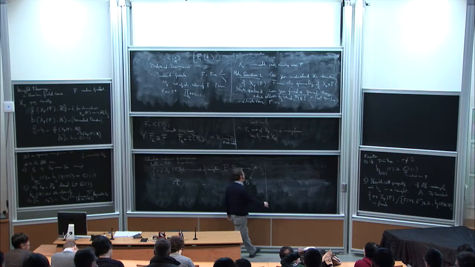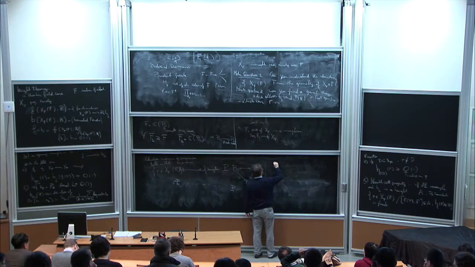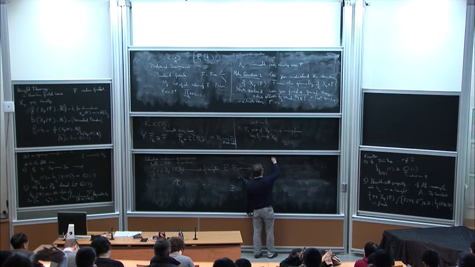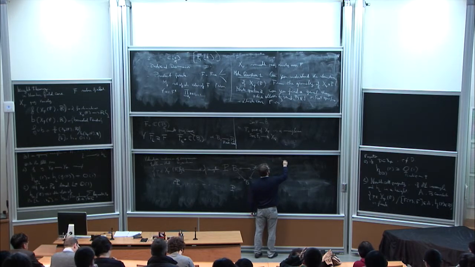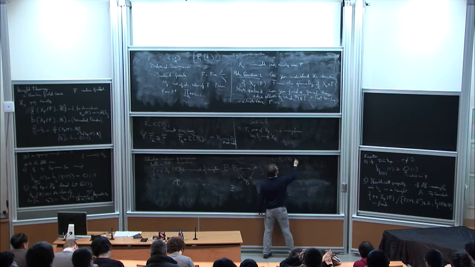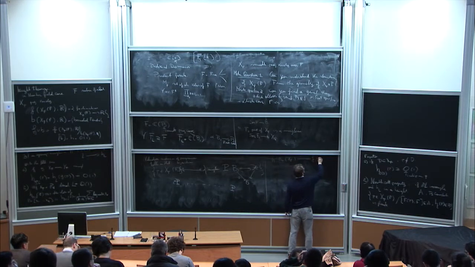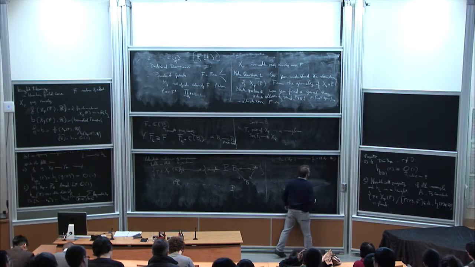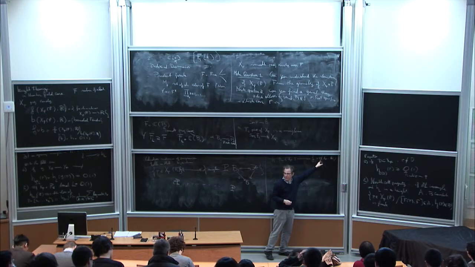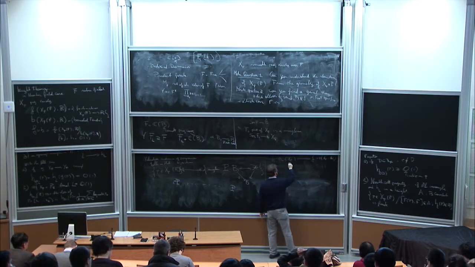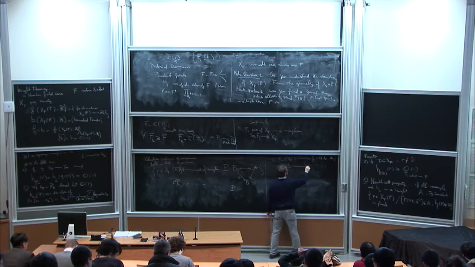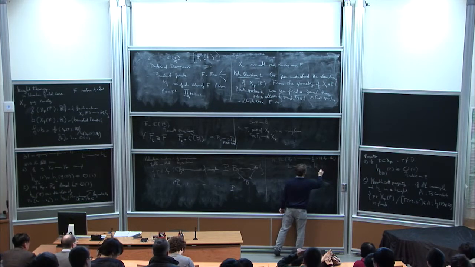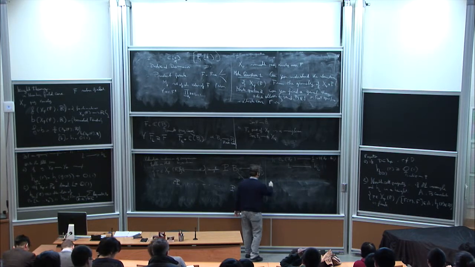So I will define a function, height, from Pic of X_F to functions on X_F of Q bar, up to bounded function, which to a line bundle L gives a function h_L.